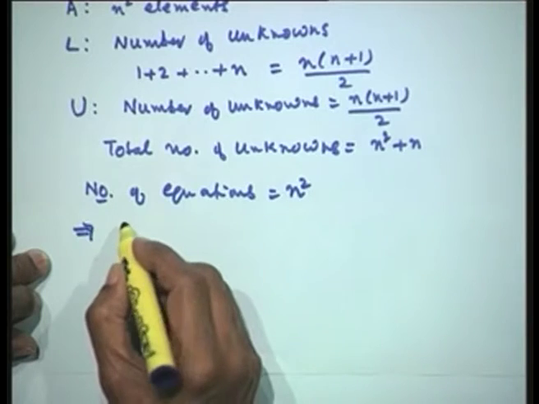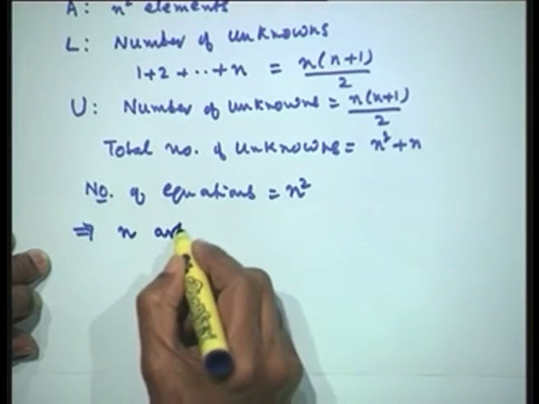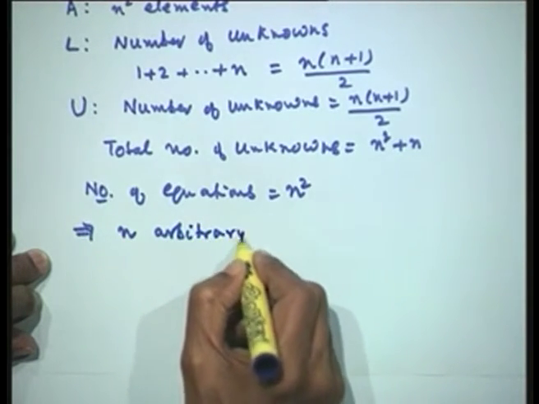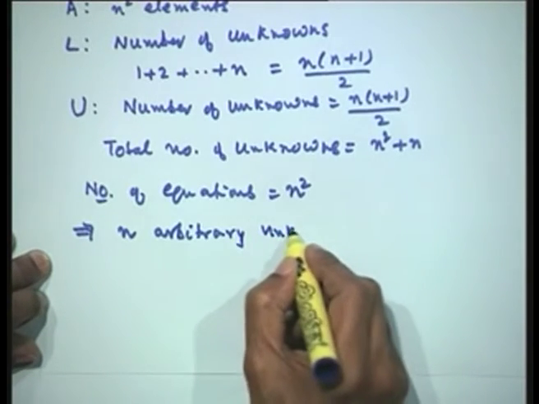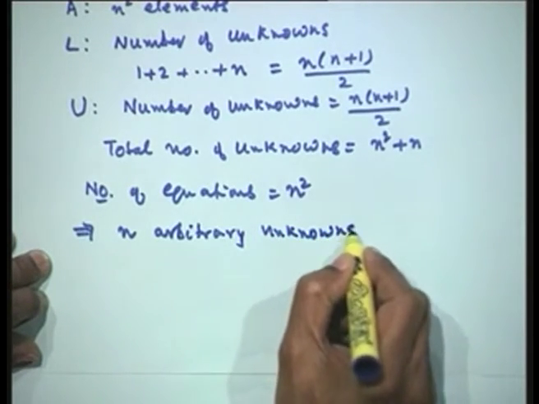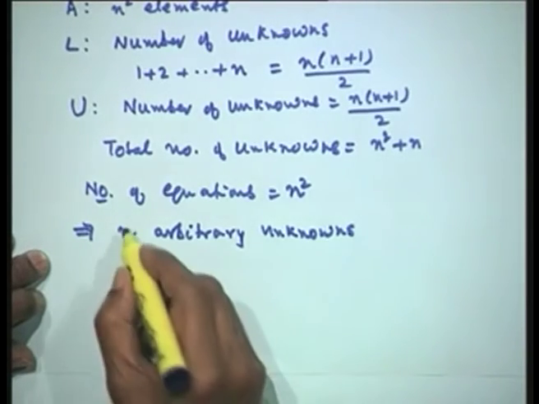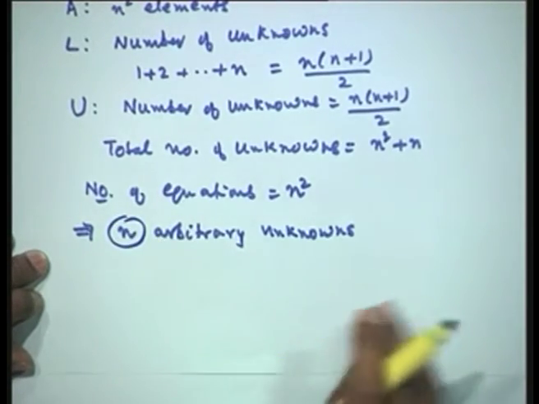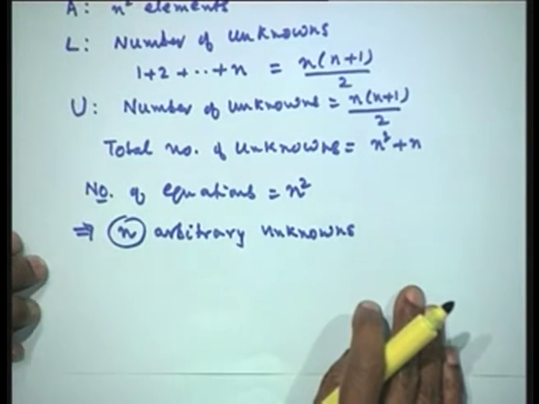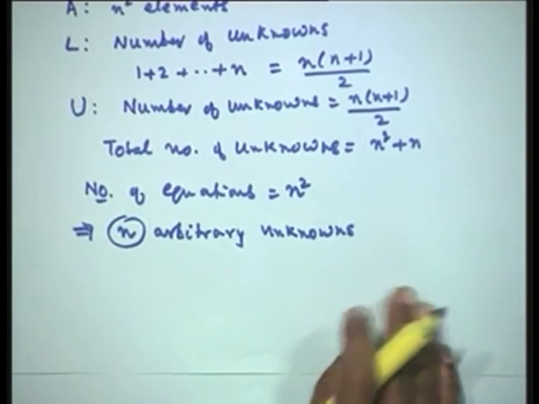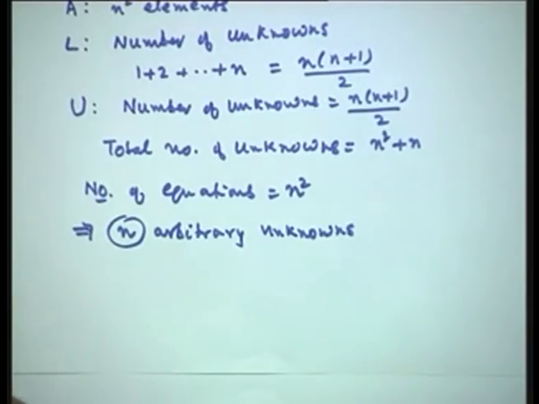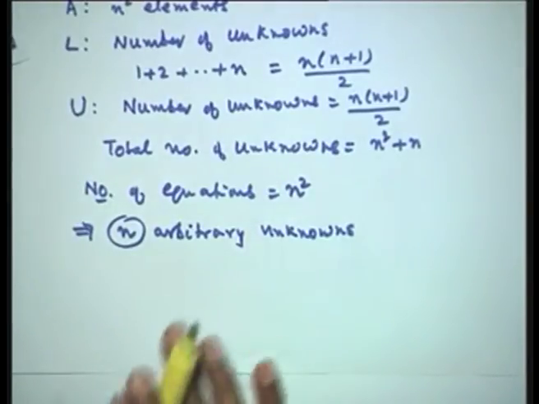Therefore, we have n extra unknowns, n arbitrary unknowns. This is very valuable information, and we shall choose the values of these n arbitrary unknowns so that the computation of L and U becomes very simple for us.